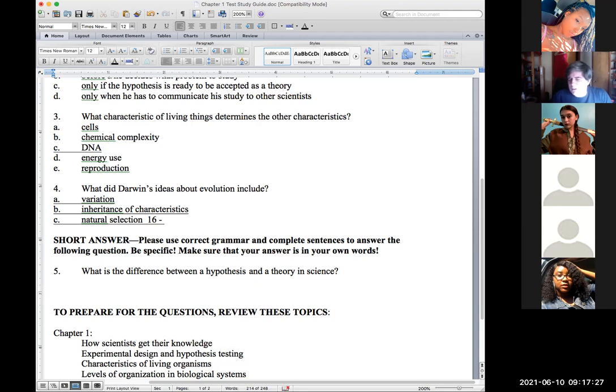So what's the difference between a hypothesis and a theory in science? Now on the test, you'll see how many points this question is. Afterwards, it might say 5 points or 6 points. Now, if you think about what I just told you, the fact that there's usually 2 points for grammar and writing your answer in a complete sentence, if the test told you that this was worth 5 points, well, 2 of those points are for grammar, so that means there's 3 more points left.